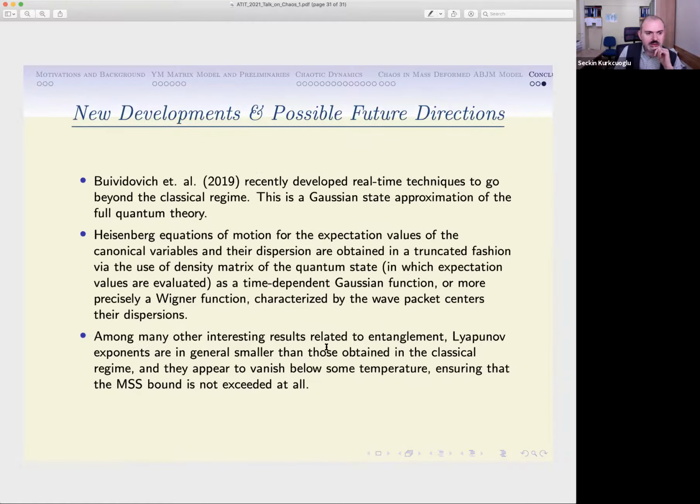There could be some further new developments. Some of these papers I also suggested Günther read some time ago. They are quite clever papers, and there are lots of things to learn from them. They take this entire discussion to a quantum level using a Gaussian state approximation.